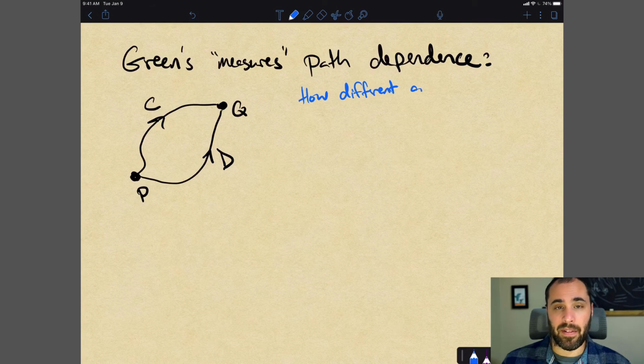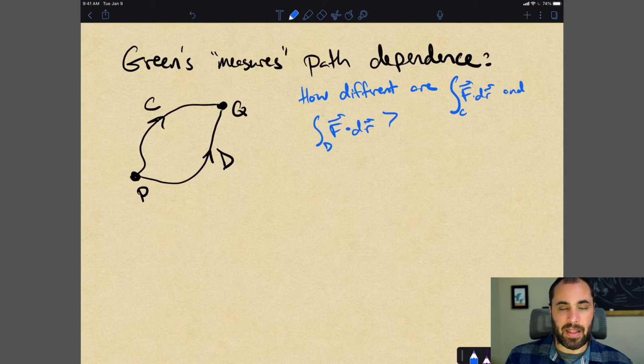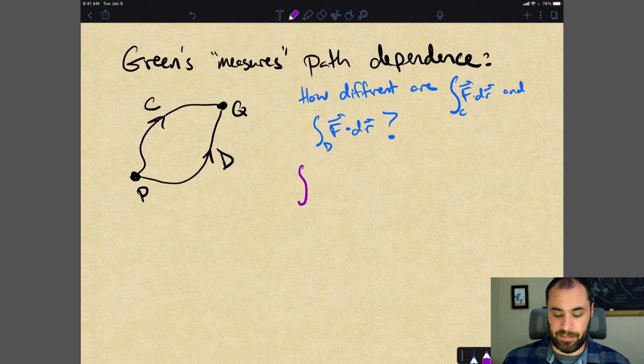So imagine we have two paths that go from a point P to a point Q. Now, in a path-independent vector field, the line integrals along either of these paths would be the same. That's what it means to be path-independent. But in a path-dependent vector field, we might ask, how different are these two line integrals?